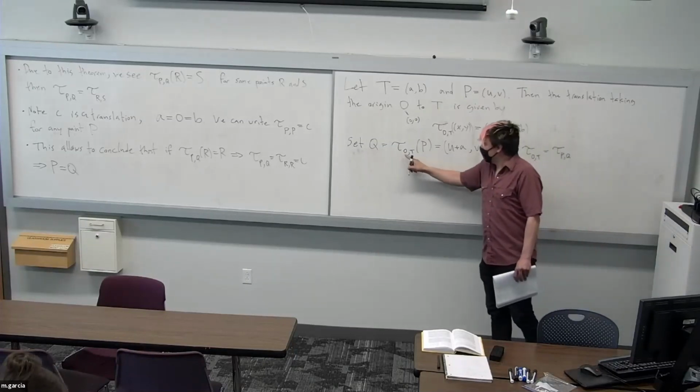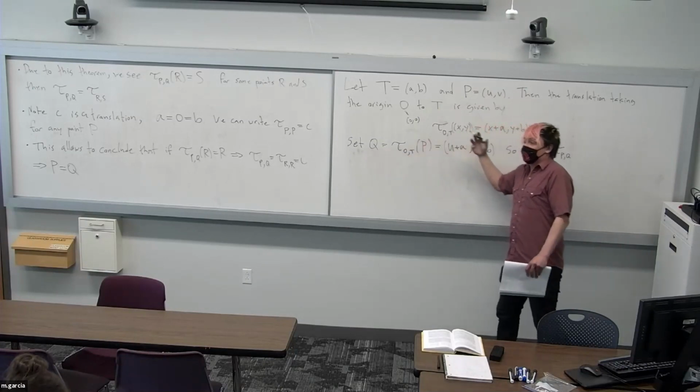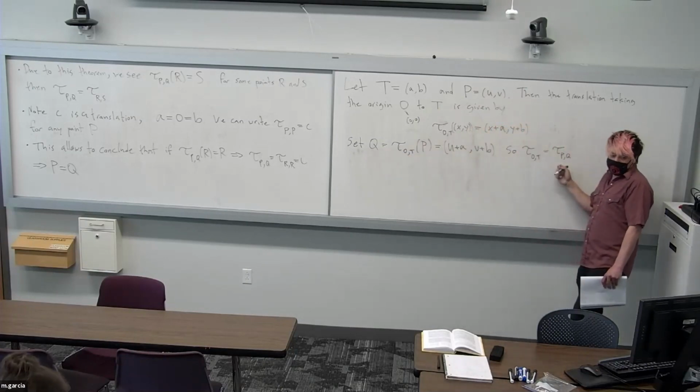Because tau sub O comma T takes P to Q, so we can write it as this.